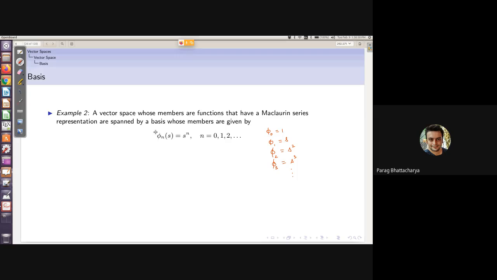So each of these powers of s is basically the basis. Members, the functions which have a Maclaurin series representation, all functions which have got a Maclaurin series representation. Quick recap: what's a Maclaurin series?